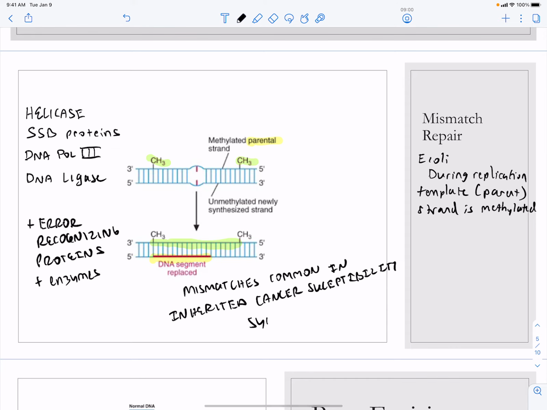And what this is, is that you're going to pass on to the next generation mismatches within regions that can predispose the next generation to developing cancer at an earlier age. And such mutations that are very well known are BRCA1 and BRCA2 for breast cancer.